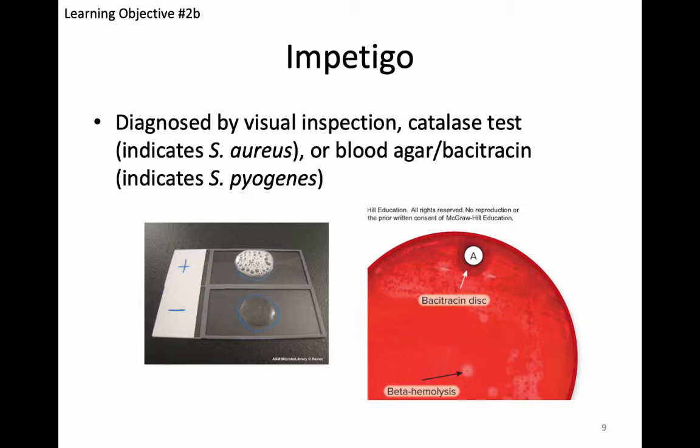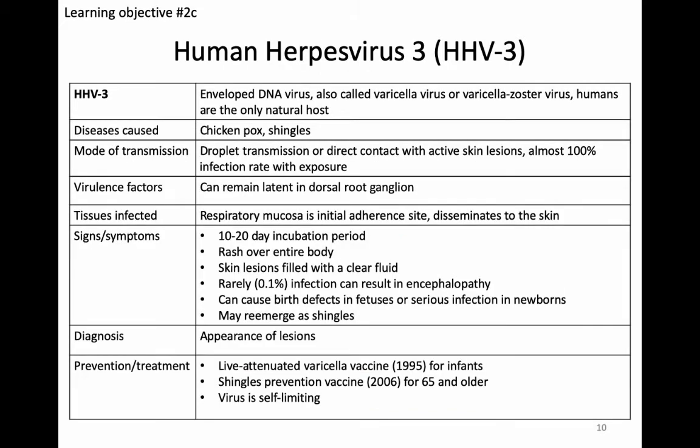It's a little bit darker in color. And so this tells us that the microbe is killed by the bacitracin, and therefore the microbe is Streptococcus pyogenes. We also see a characteristic growth pattern called beta hemolysis for Strep pyogenes, which can help diagnose it as well.